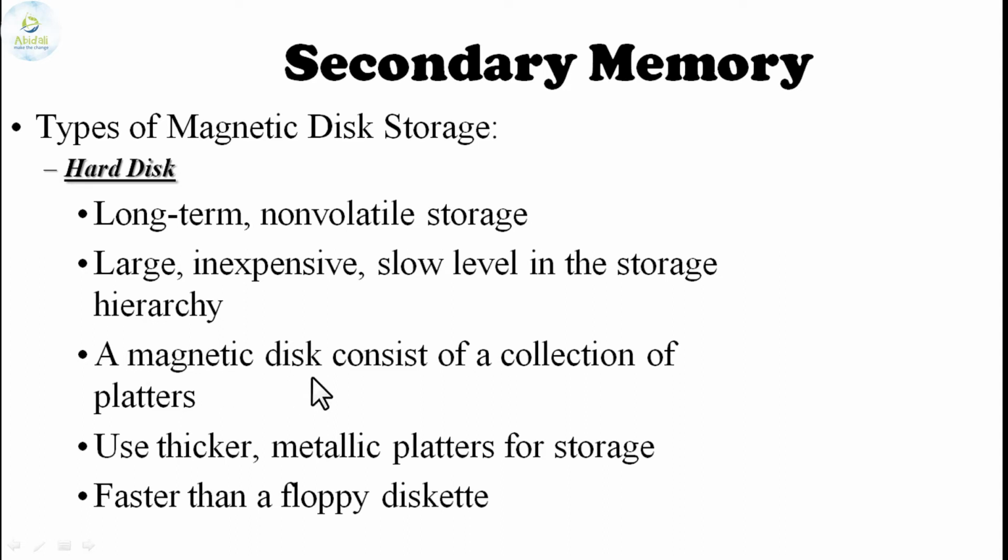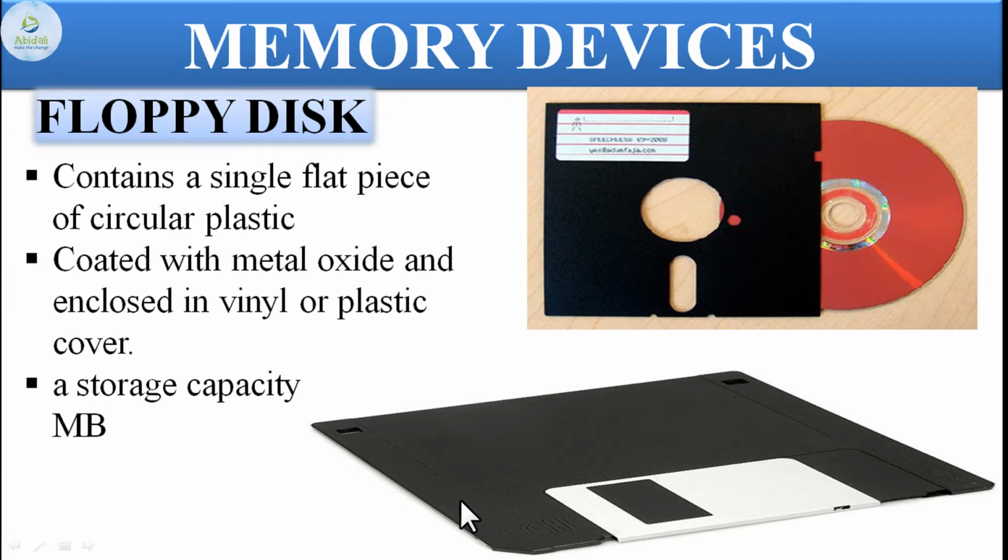Then we have a magnetic disk which consists of a collection of platters, the plates that we have seen. It uses thicker metallic platters for storage, faster than the floppy disk. The floppy disk looks like this. Your generation has not seen the floppy disk in existence, but I had the opportunity to handle it.